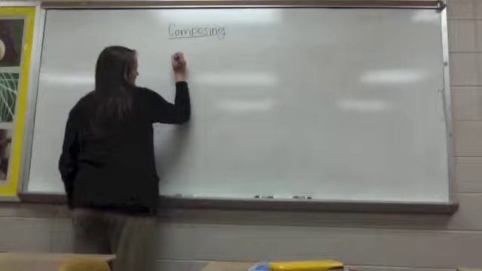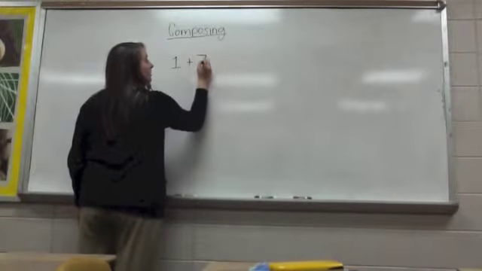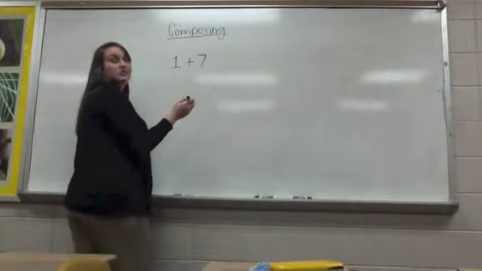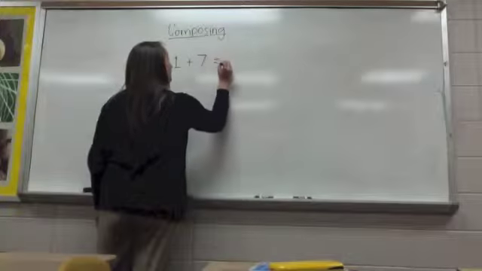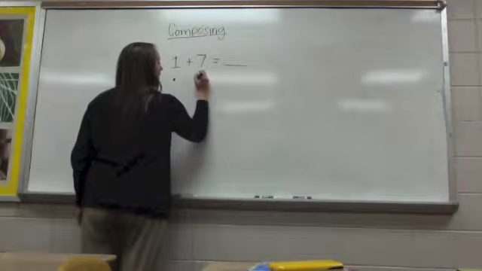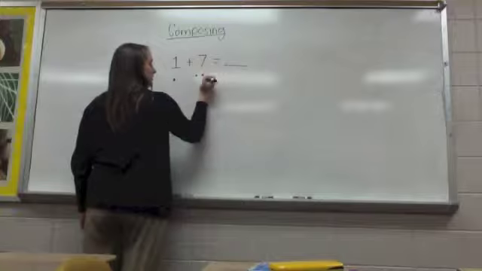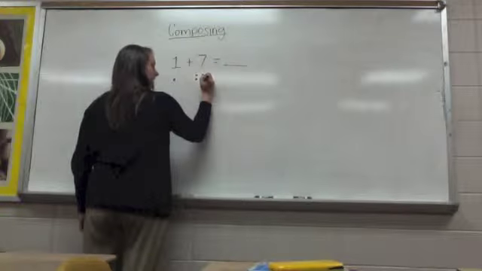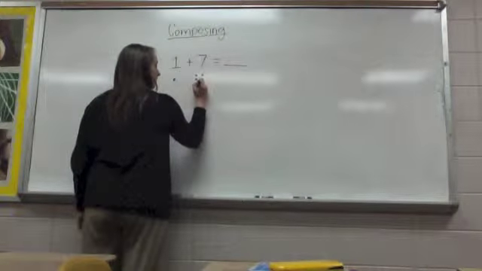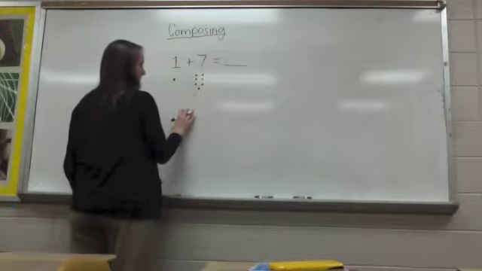All right. Let's skip a few. Let's do 1 plus, what number is that? 7. So we have 1 dot here. And count with me to make sure I have it. 1, 2, 3, 4, 5, 6, 7.